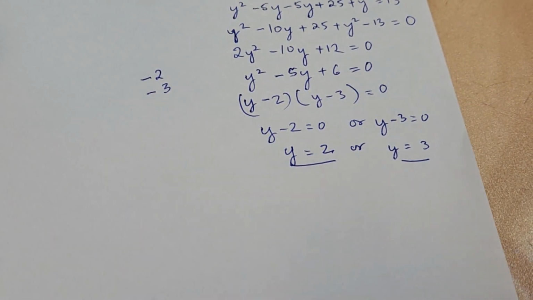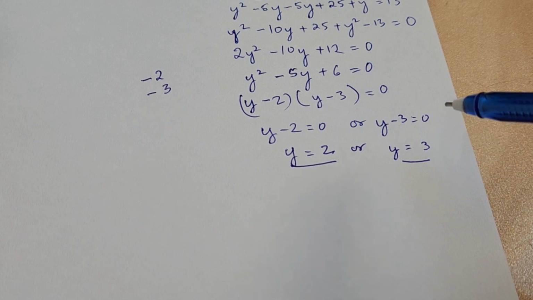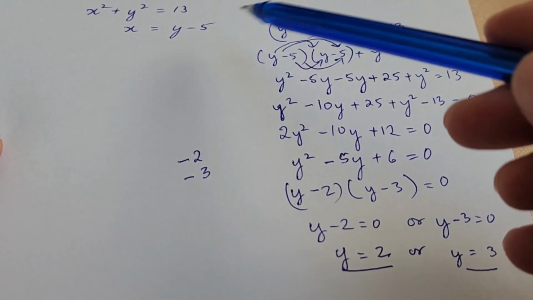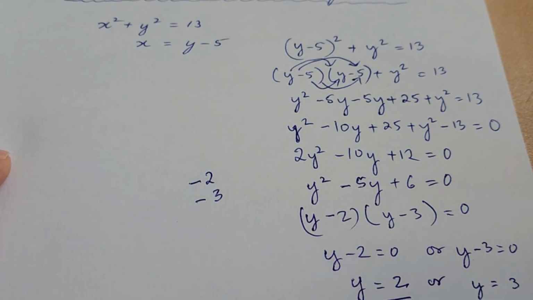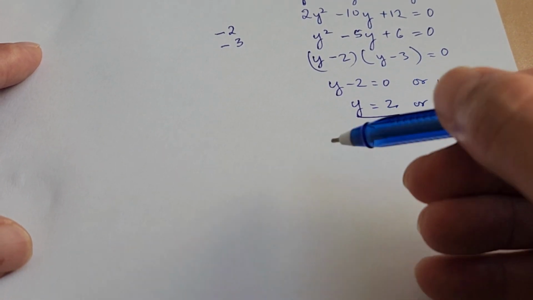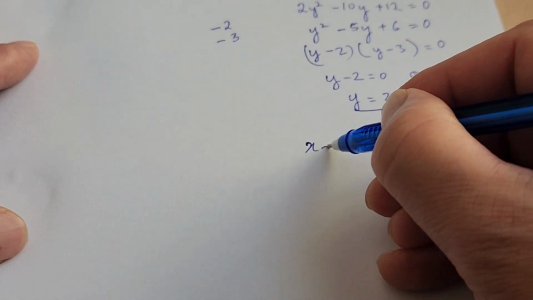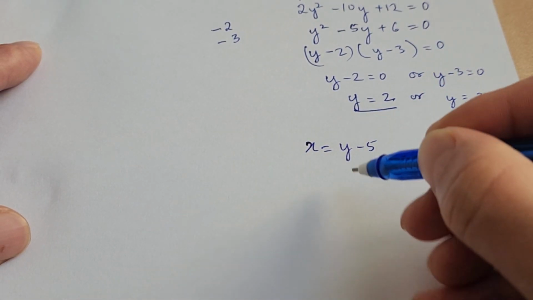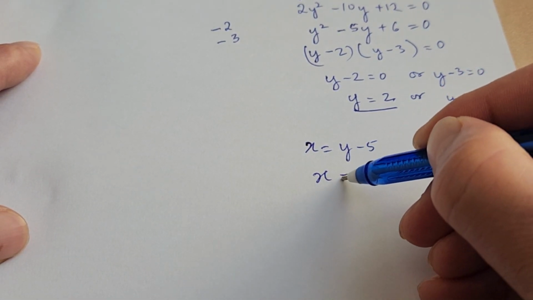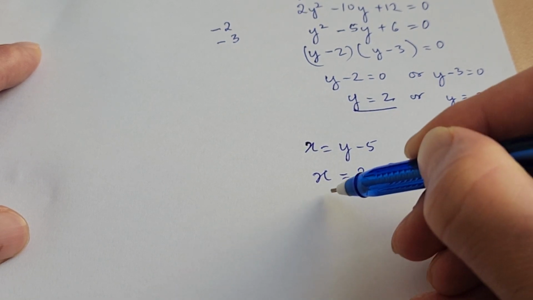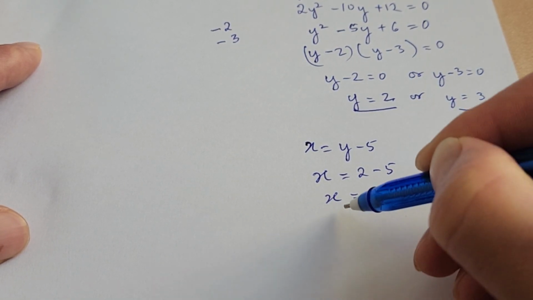Now let us substitute these values into one of the equations. The second one, x equal to y minus 5. So substituting 2, x equal to 2 minus 5, x equal to minus 3.